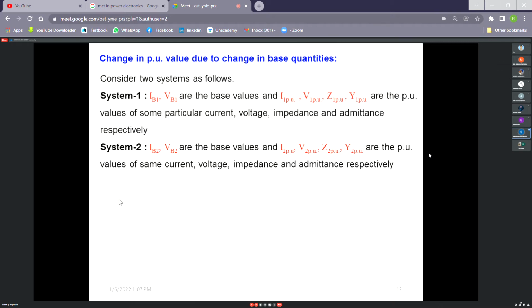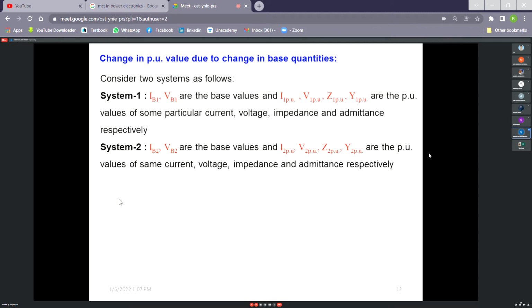Now, what will happen to the per unit value if the base is changing? Why will the base be changed? Because we are assuming a base, and based on that we are calculating the per unit quantities. But base values are different from one equipment to another.